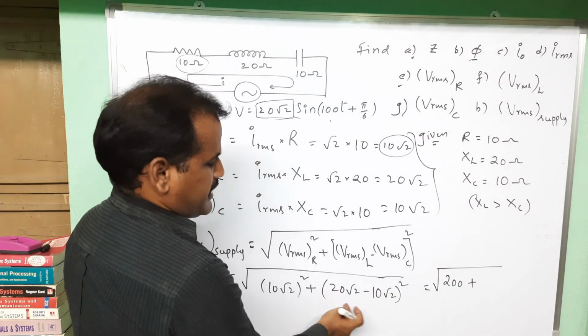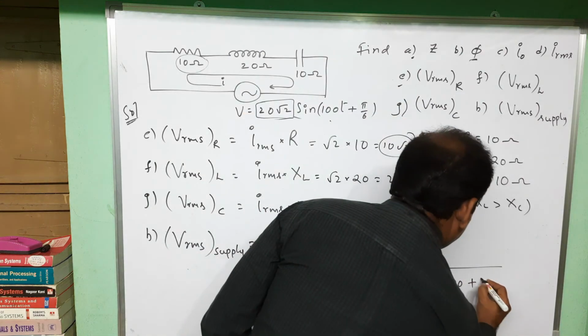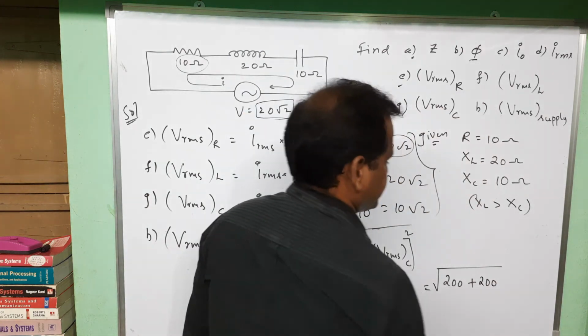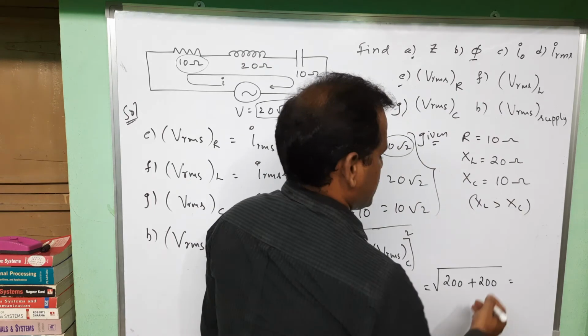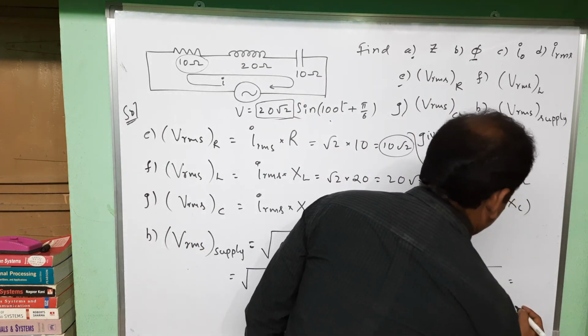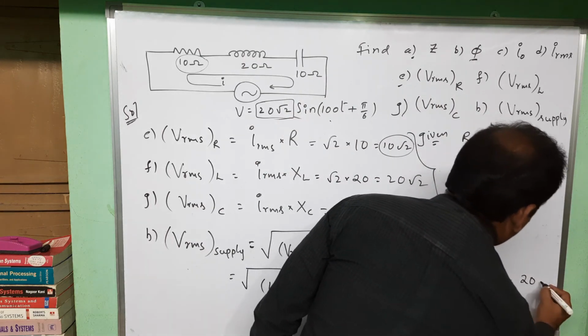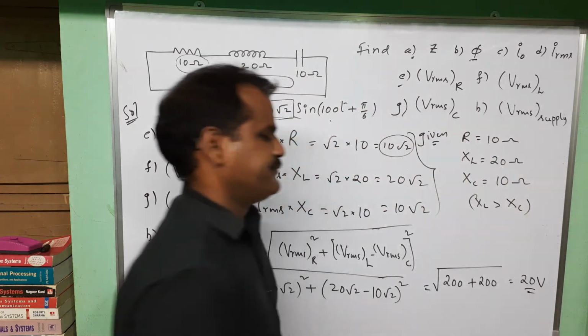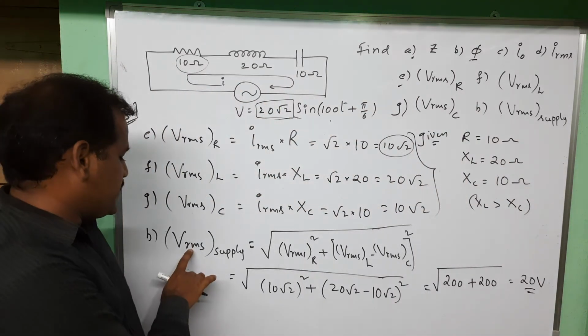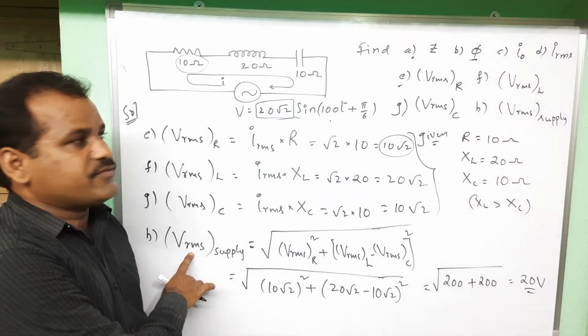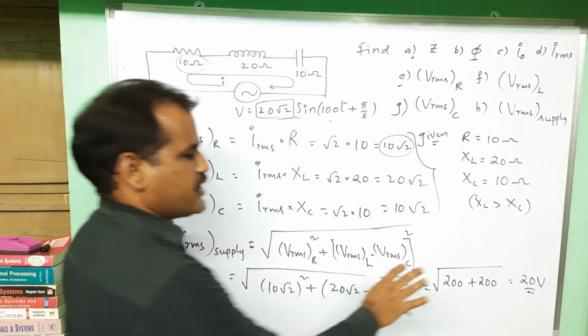Here also 10 root 2 whole square, that means 200. That is 400. The square root of 400 is 20 volts. Finally, we got the RMS value of the voltage of the supply applied as 20 volts.